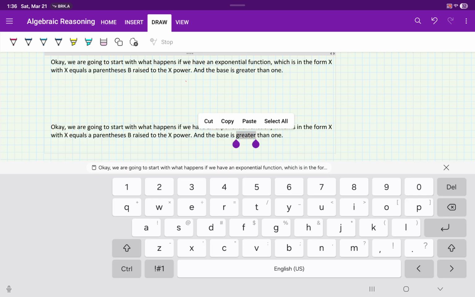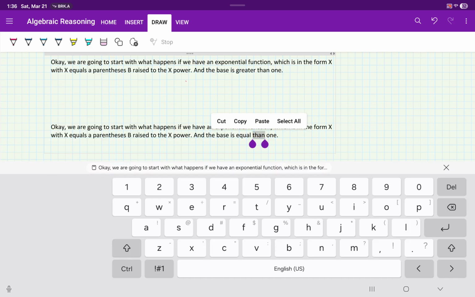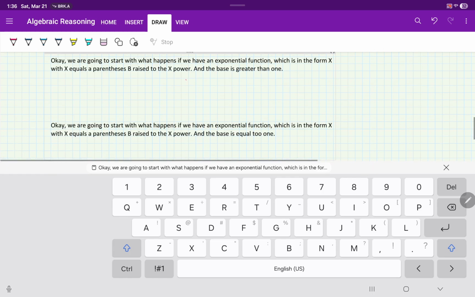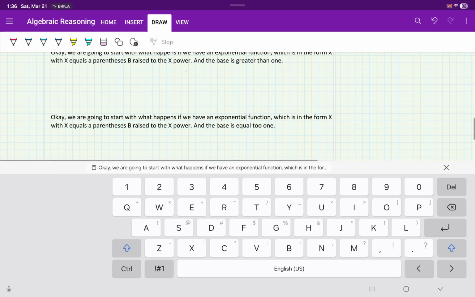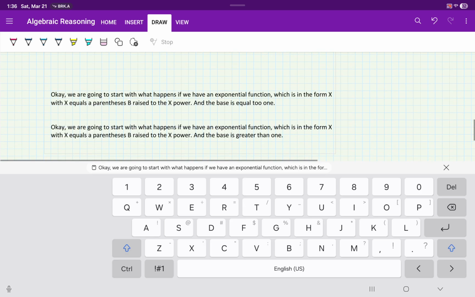And say equal. I want that to be 2. Let's see if I can get that to paste one more time. There we go.